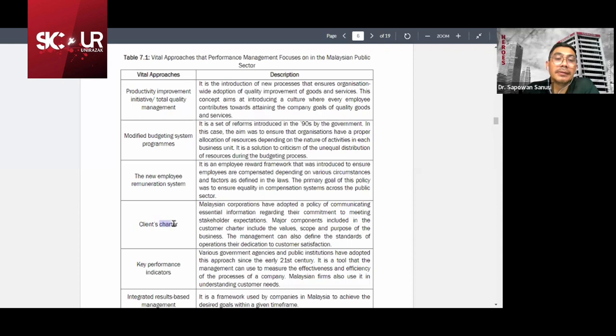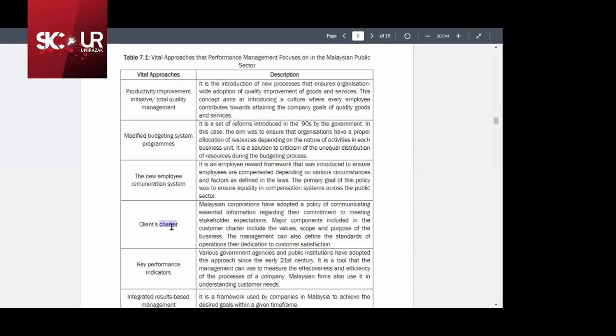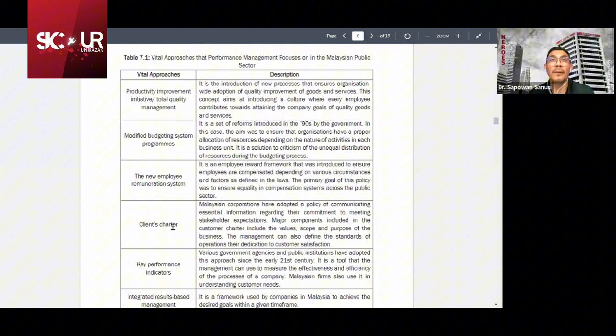Charter ni apa? Piagam kan? Piagam pelanggan. So when your department has a client charter, you have already moved forward to performance management and implementation. Kalau tak ada client charter, maksudnya this company does end of year appraisal je lah.